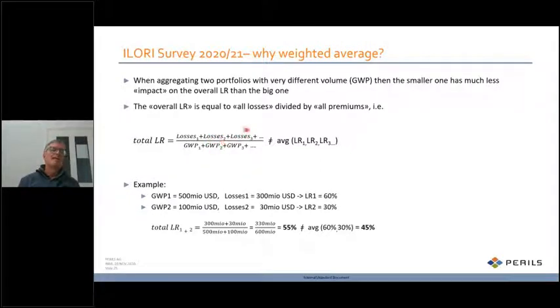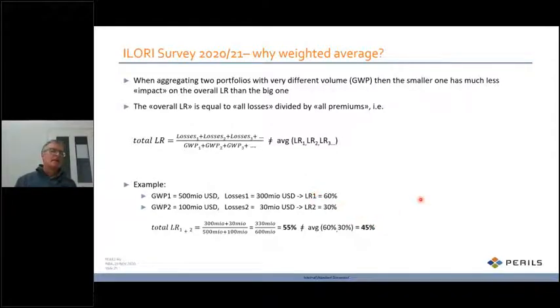So we must calculate back a correct approximation for the aggregated loss ratios by weighting the actual loss ratios we get from the companies, loss ratio 1, loss ratio 2, loss ratio 3, with the corresponding weights of the portfolio volume, premium-wise.